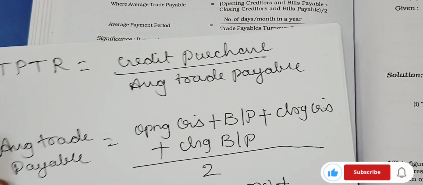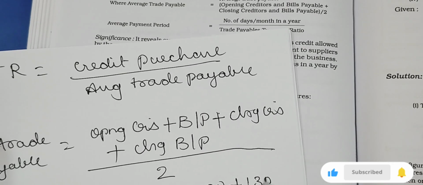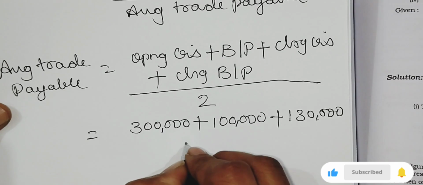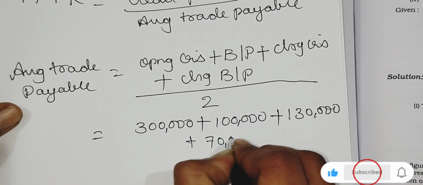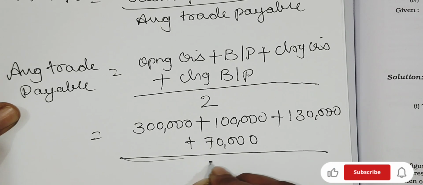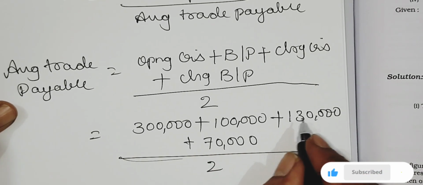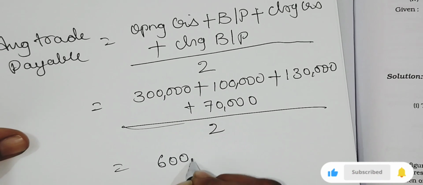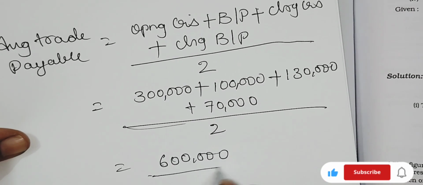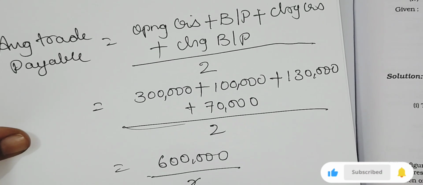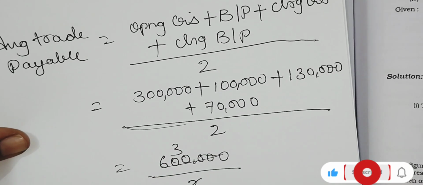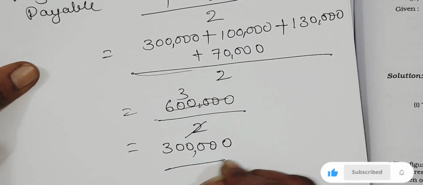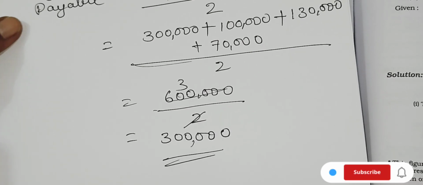Creditors closing is 1,30,000. And bills payable is 70,000. Whole divided by 2. 4, 5, 6. Right? 6 lakh divided by 2, 3 lakh. Average trade payable is 3 lakh.